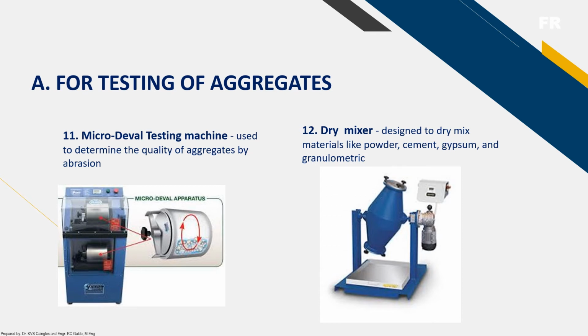Okay? So as you see, there are different apparatus and equipment that, though different in appearance, are the same in purpose or mechanism. For example, for the test of abrasion, you could have a lot of choices in terms of equipment or apparatus. For abrasion, you can use the microdeval testing machine or the LA abrasion, the Los Angeles abrasion.